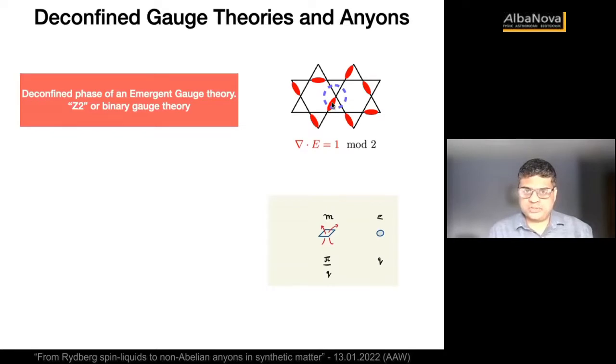Okay, so if you were to think of this red being the presence of an electric field for a moment, and the black lines being no electric field, this is a kind of Gauss law. At every point, there's one and exactly one electric field line being associated with it. Okay, and if you think a little more carefully, this is an unsigned Gauss law. So it's sort of a binary version of electrodynamics where the electric fields are either 0 or 1.